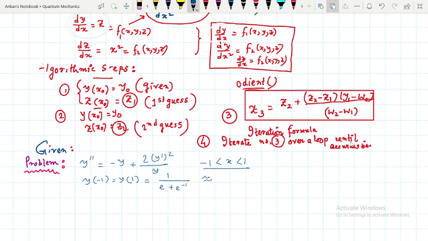By calculating the value of this, you can easily get that this is nothing but 0.3243 and so on.